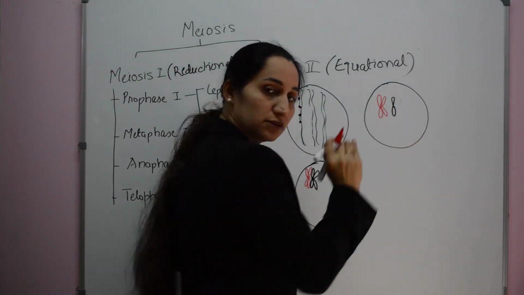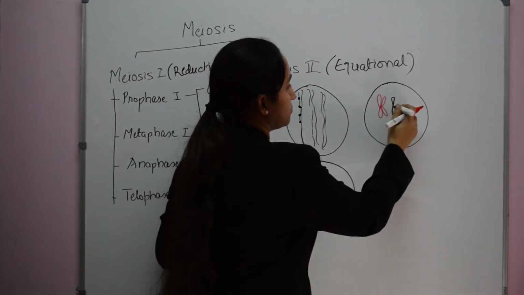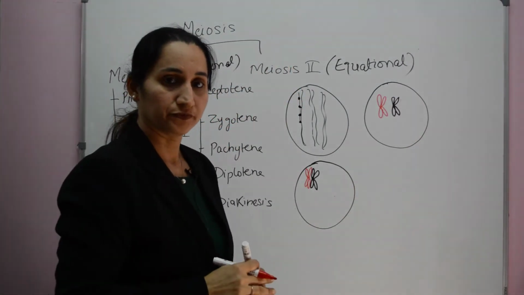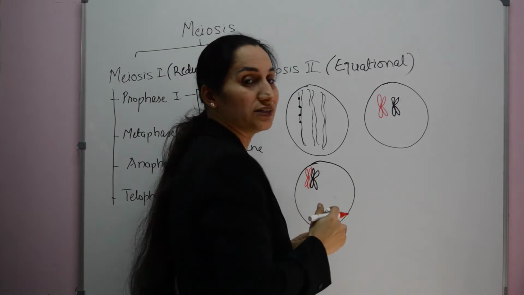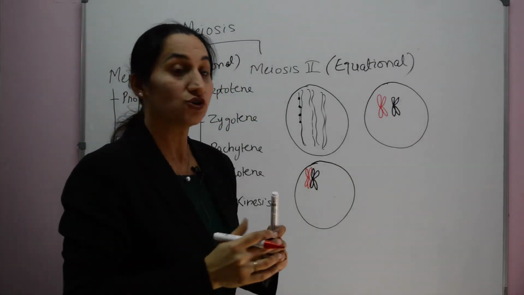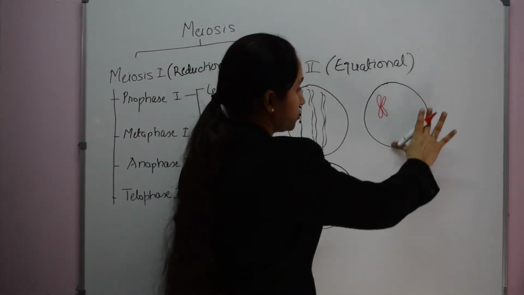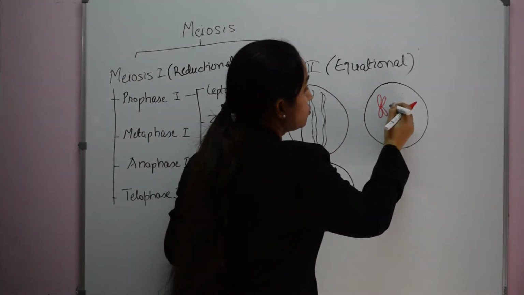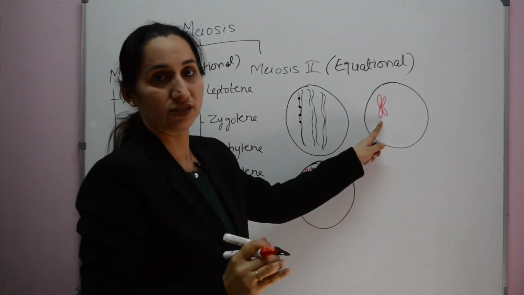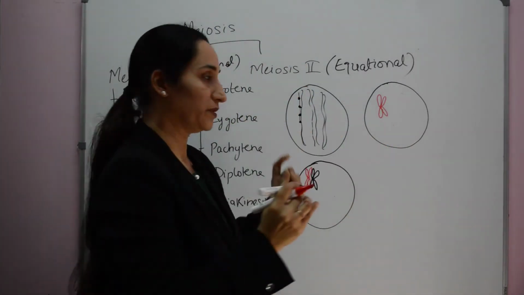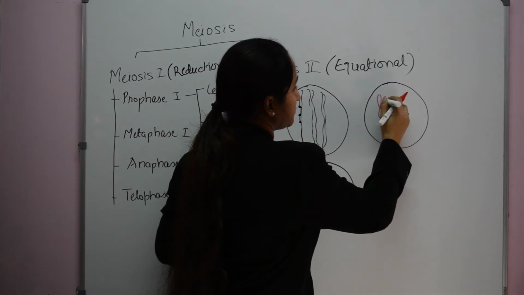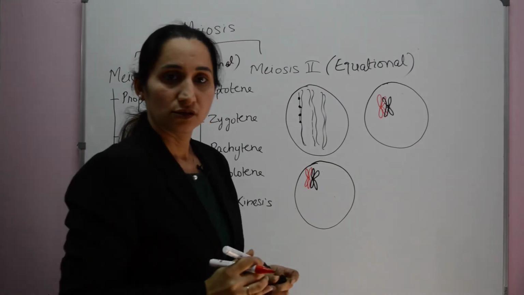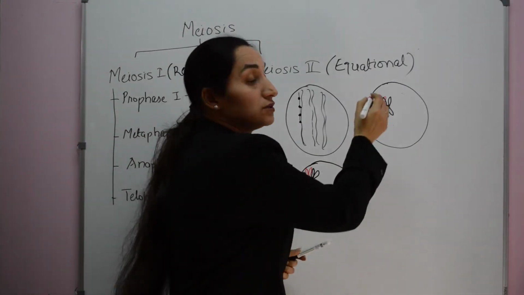This red one is the maternal chromosome and this black one is the paternal chromosome, and these two are sister chromatids of the paternal chromosome. Now they both will start crossing over. Crossing over will happen between one sister chromatid of the maternal chromosome and one sister chromatid of the paternal chromosome. It will look like this. Okay, they have started crossing over.